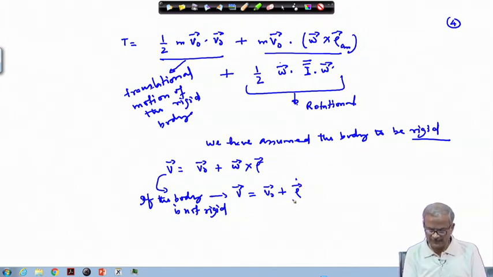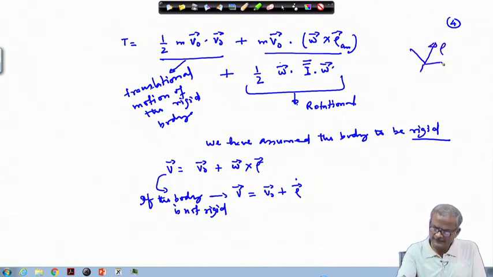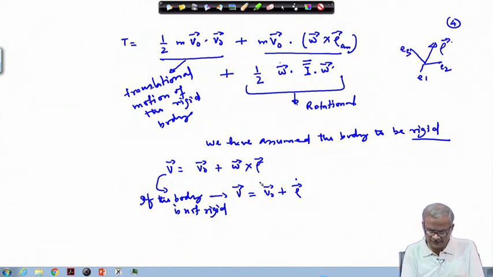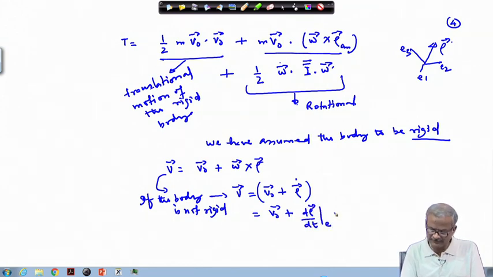Now, rho dot, as you see, this is the rho vector in the E frame, E 1, E 2, E 3, and this is the rho vector here. So, if we use this, then we get the extra term. In that case we have to expand it like this: d rho by dt with respect to the E frame plus omega cross rho. If the body is rigid, this term drops out, it equals 0.